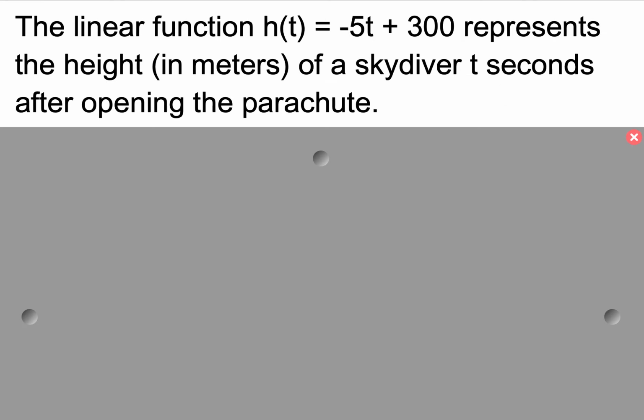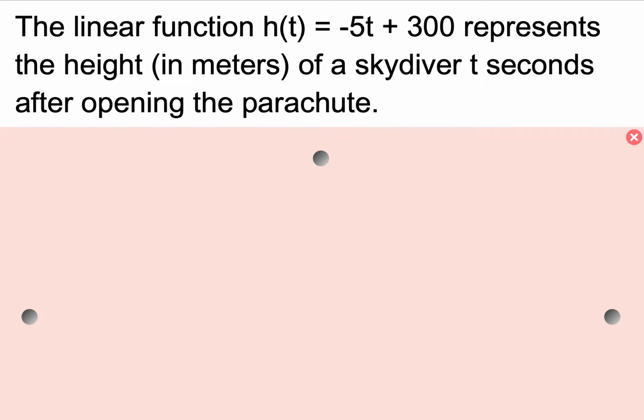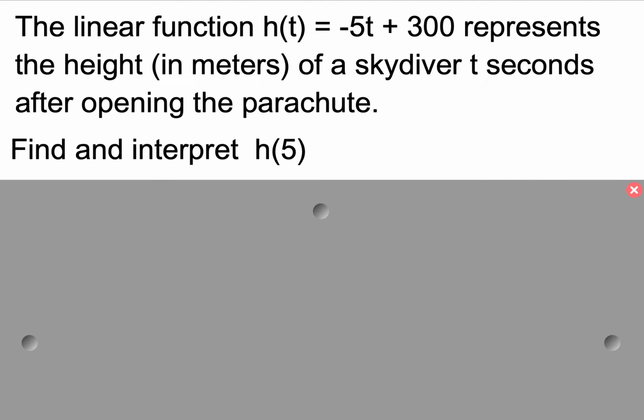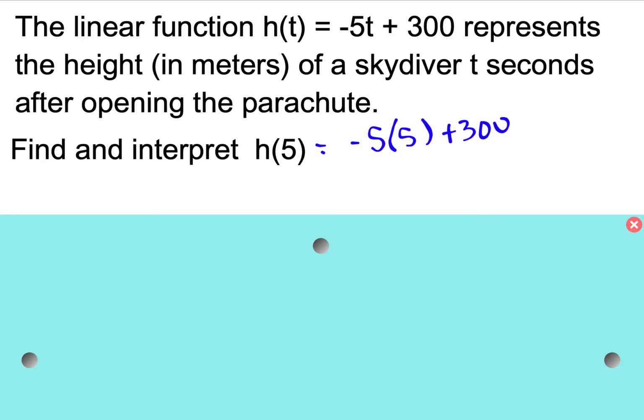Let's look at another one. The linear function h of t equals negative 5t plus 300 represents the height in meters of a skydiver t seconds after opening the parachute. Find and interpret h of 5. Well, h of 5 is going to be found by plugging in 5 for the t value and then figuring out what that ends up being.